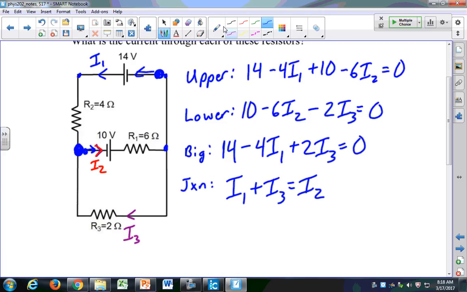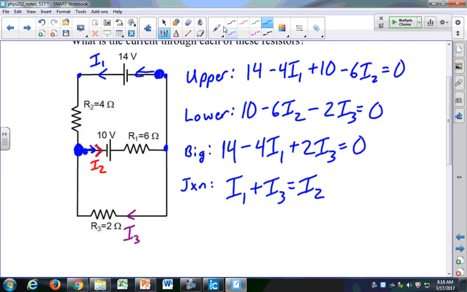Well, you know what we can do? We can solve this equation for I1 and put it in here. Say I1 is equal to something in terms of I3. And then we can solve this equation for I2 and put it right here and have something in terms of I3. And then this whole equation will be all in terms of I3.